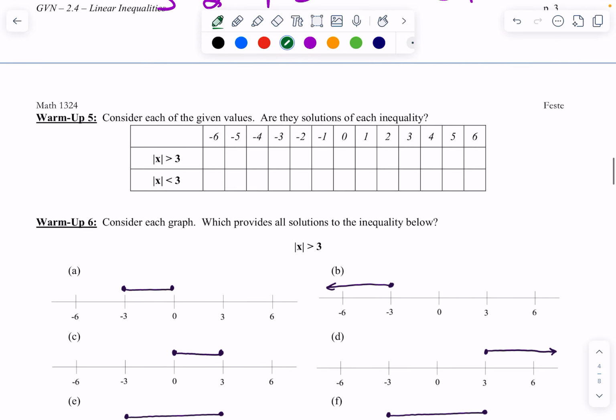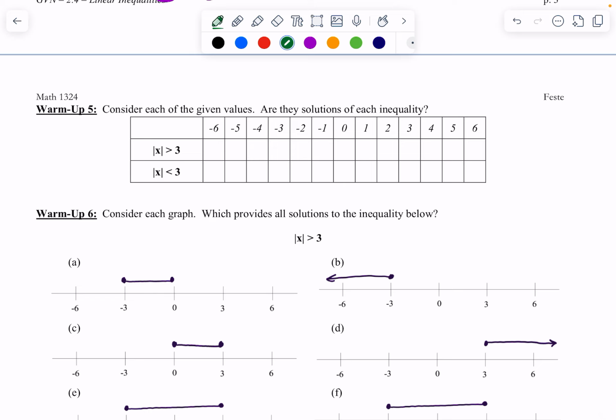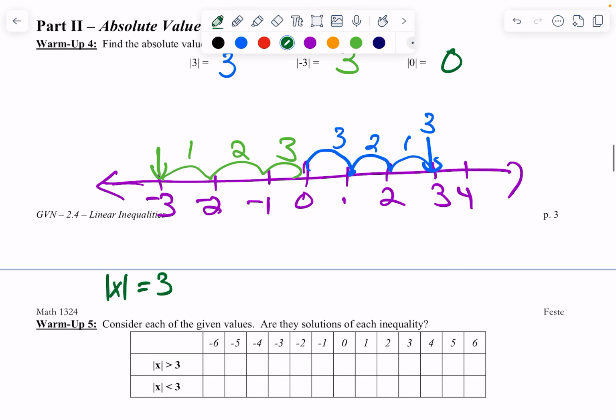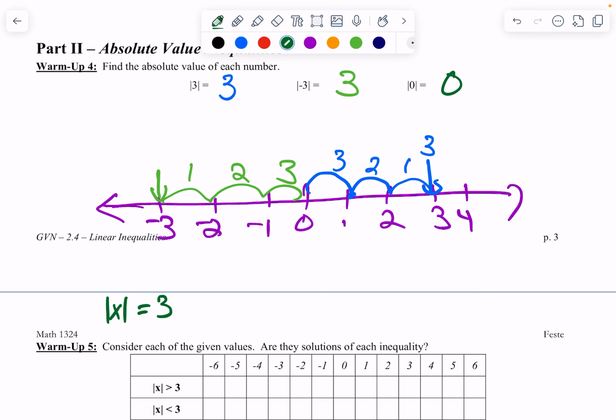So if we look at x being inside the absolute value and it equals 3, what we learned from here is that both 3 and -3 equal 3. So our x can be 3 or our x can be -3. Both of those are correct.